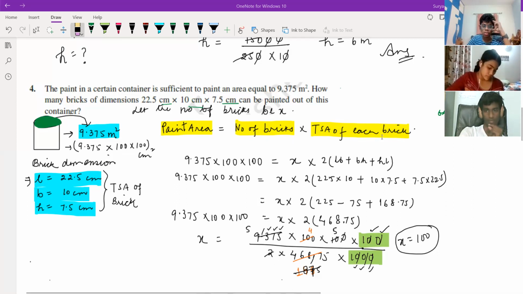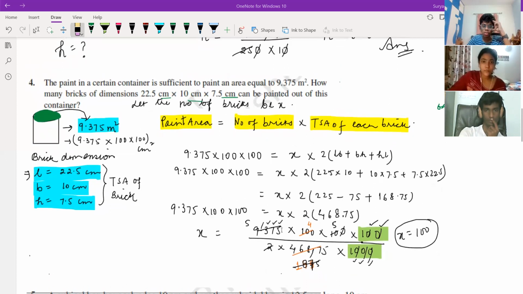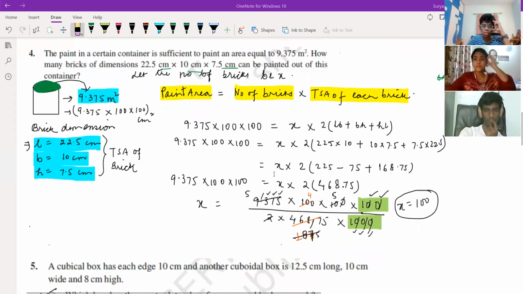Fine. Deepshikha, you got the answer? Not yet, sir. Okay, we're solving. Any confusion in solving? No, sir. Okay, fine. Those who have finished can start question number 5.